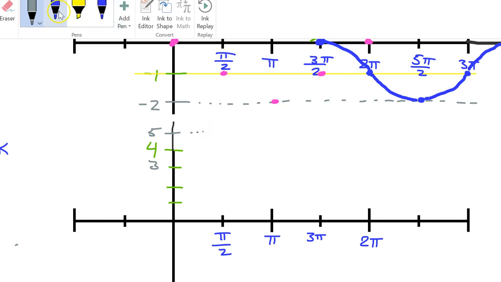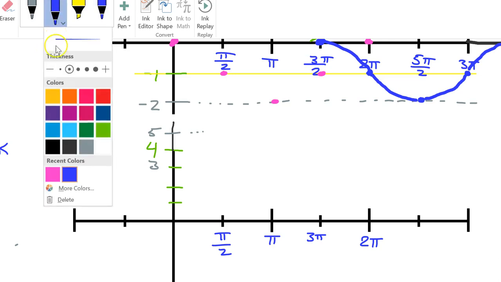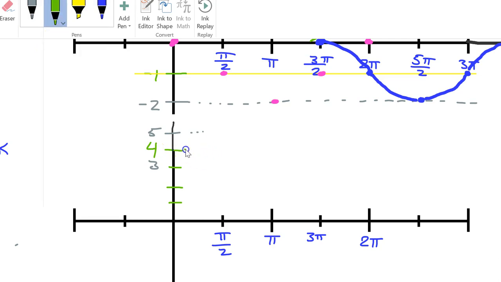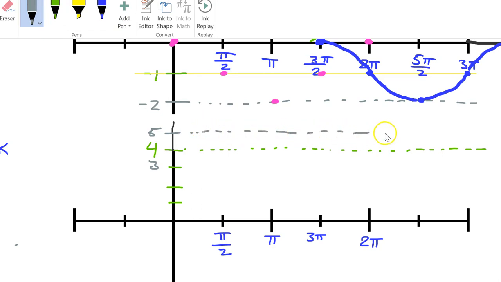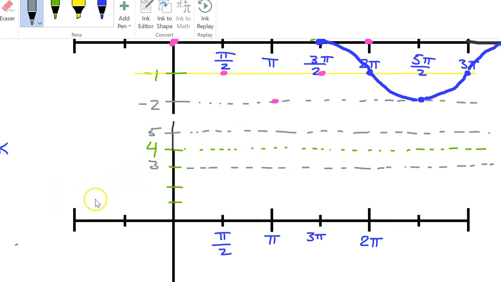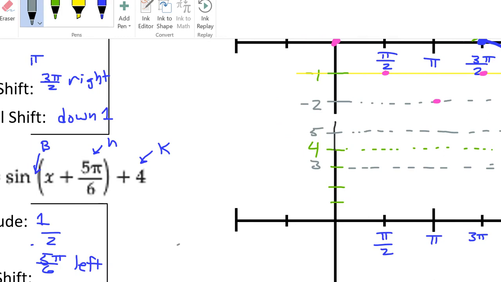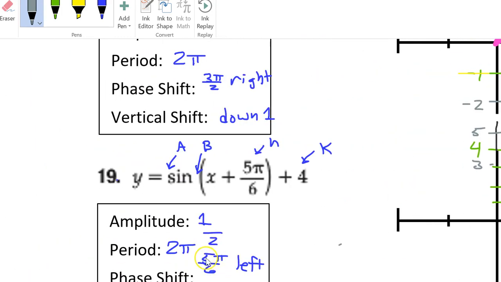Maybe I'll start with that midline. Okay, so I have this midline here at 4. And then I have these highs and lows. Okay, now there is a phase shift, but we're going to ignore that for just a moment.